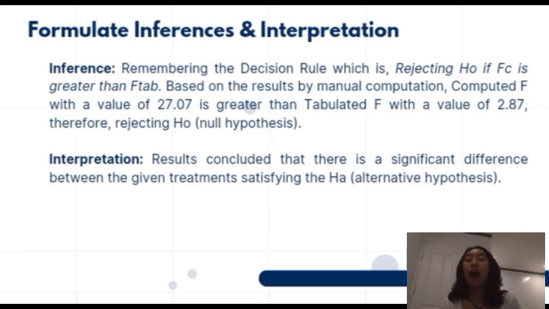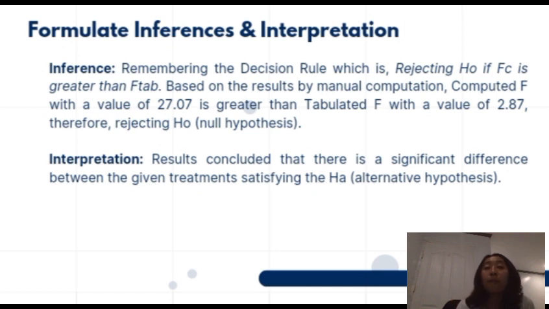So, our inferences or our decision in remembering the decision rule, sa base sa results na nakuha natin by manual computation, computed F with a value of 27.07 is greater than tabulated F with a value of 2.87, therefore rejecting the null hypothesis.